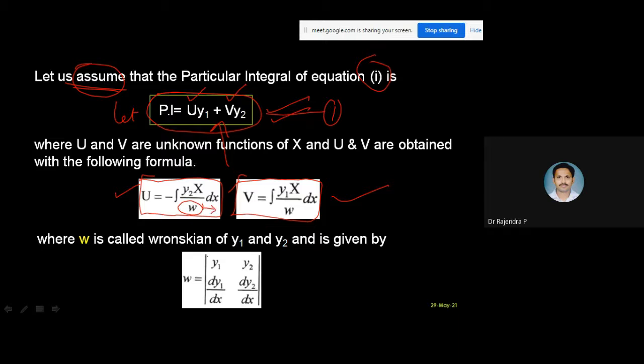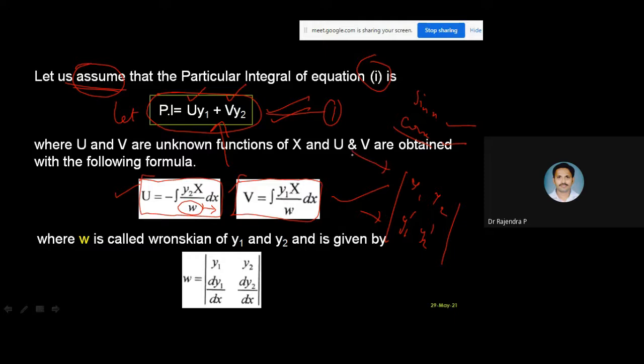So the Wronskian determinant is something like your Jacobian determinant. I will take y1, y2 as the first row in your matrix, in your determinant. y1 and y2 we already know, and its derivatives we will take in the second row, y1 dash, y2 dash. For example, let me take y1 as sin x, for that I will take the derivative. y2 is cos x, for that I will take the derivative in the second row.